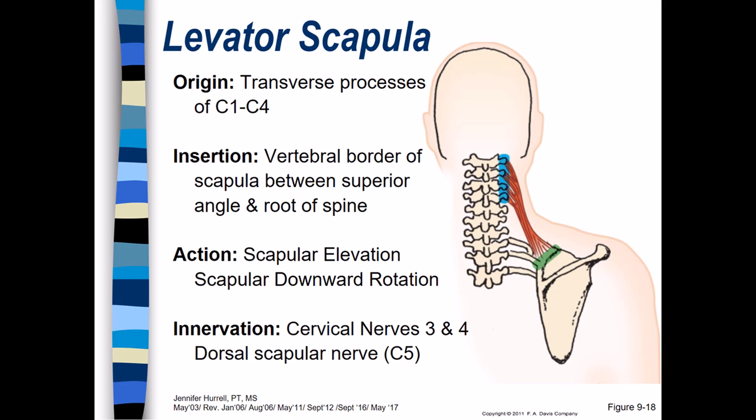When we have a mixed peripheral nerve name, you don't need to memorize the segmental innervation. You don't need to memorize that dorsal scapular nerve is a C5 innervation. Later on in your programs, when you get to your neuro class, you might need to start applying some of that information, but for now, it's all in your book. You can go back there and look. For now, knowing the name of the nerve is enough, okay?